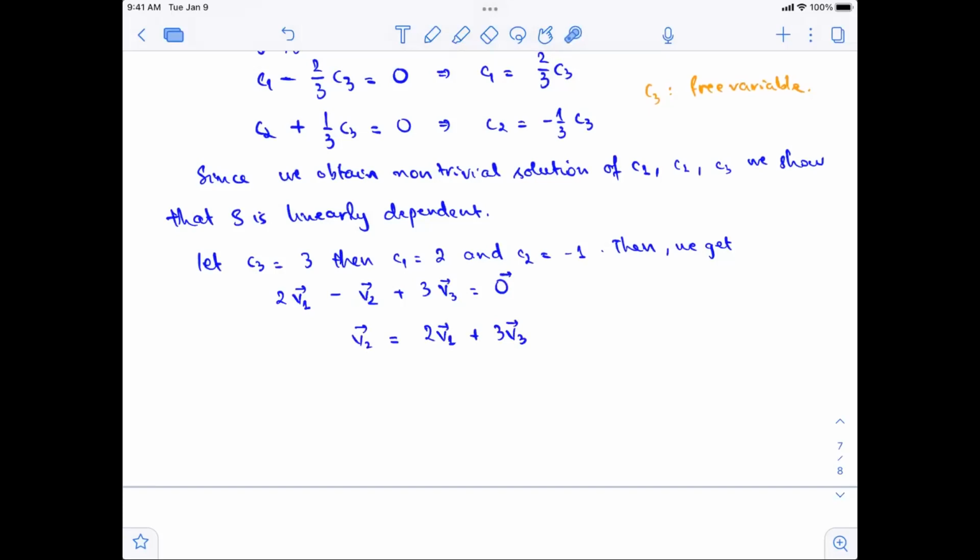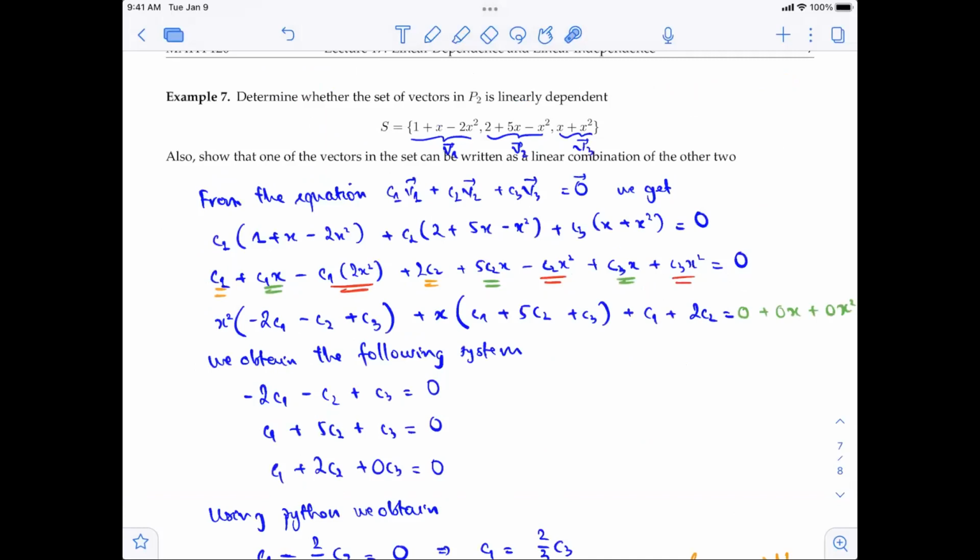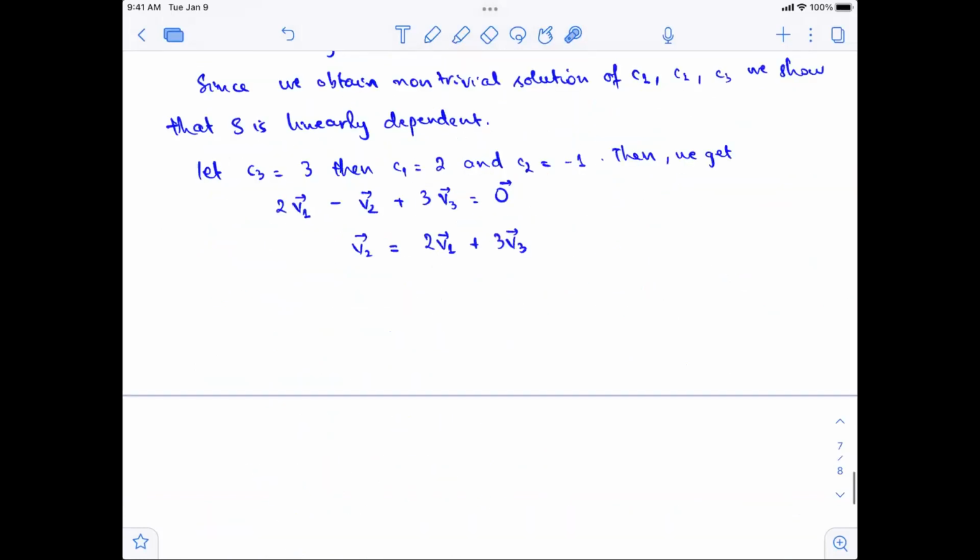We just move -v2 to the other side. All right, so v2 in this case in the set is the polynomial 2 + 5x - x squared, equal to 2 times (1 + x - 2x squared) plus 3v3, which is x + x squared.